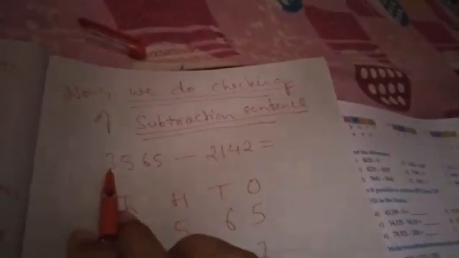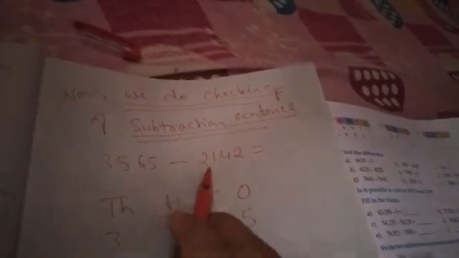Then we are going to check the subtraction sentence. If we subtract the answer that we got, 2142, from 3565, will we get the number that we subtracted earlier or not?